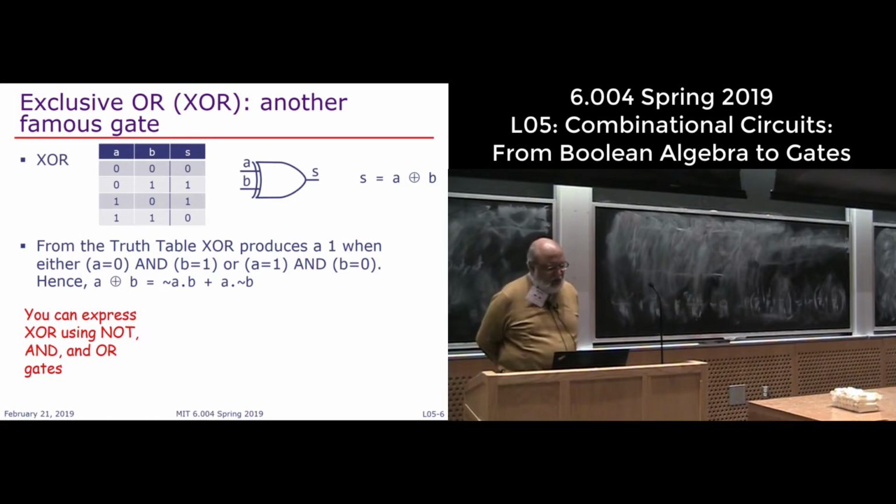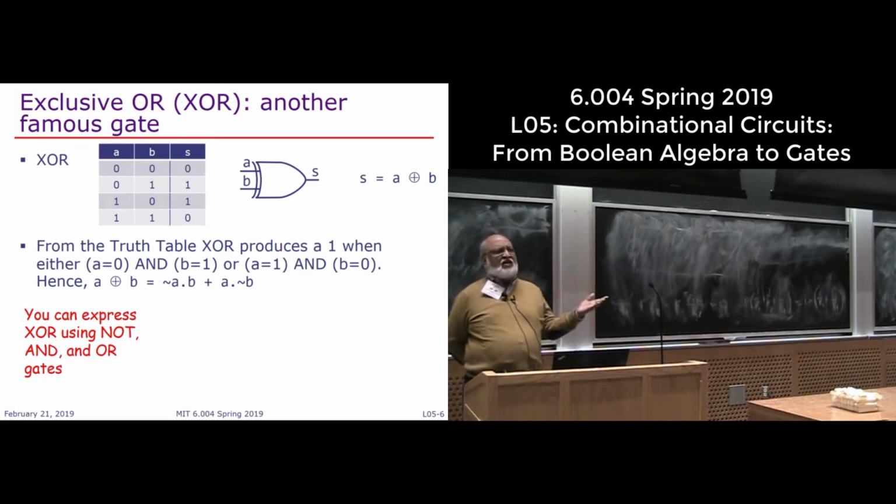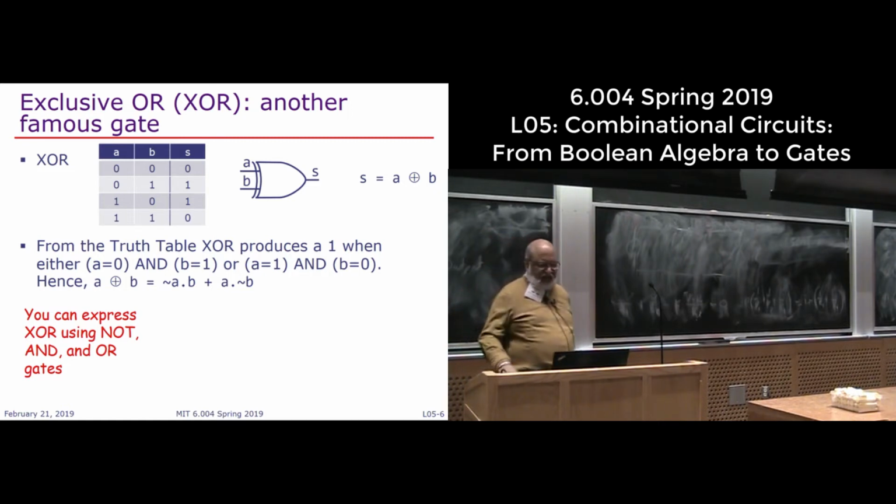Why? Because if you look at the Boolean expression for it, under what conditions does it produce a 1? A has to be 0 and B has to be 1, or A has to be 1 and B has to be 0, and that's what is captured by this Boolean expression over here: not A dot B or A dot not B. And this is the definition of exclusive OR.